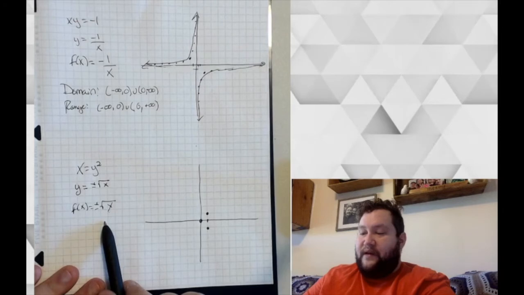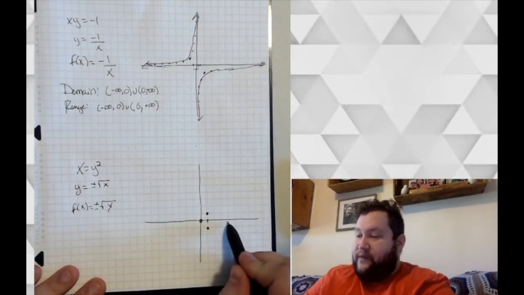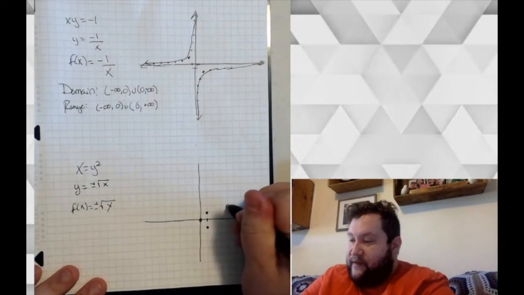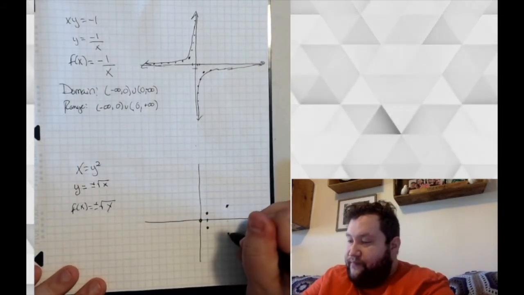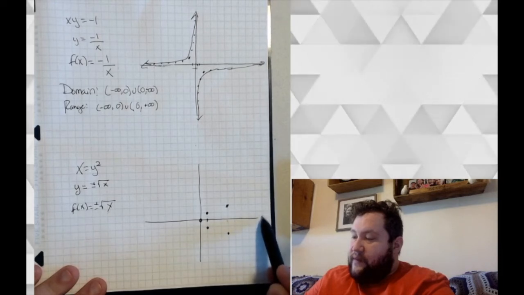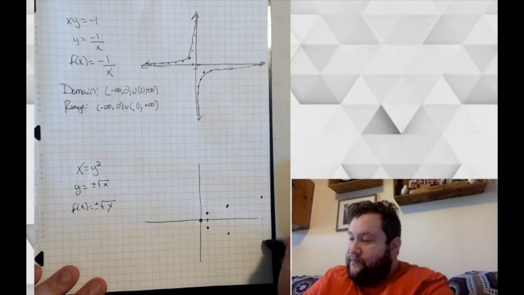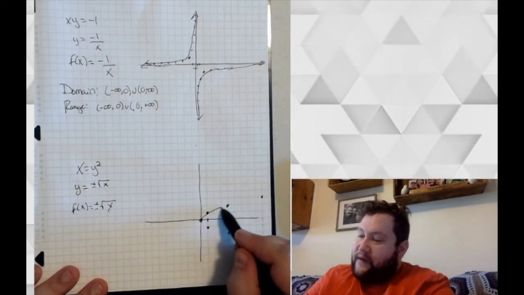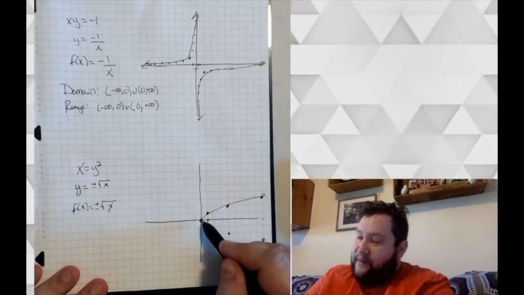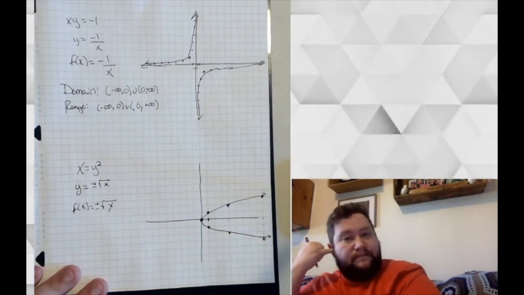If we put in a 4, we get plus or minus 2. 4, 5, 6, 7, 8, 9. We get plus or minus 3. And if we connect those points, we have something that looks like this.